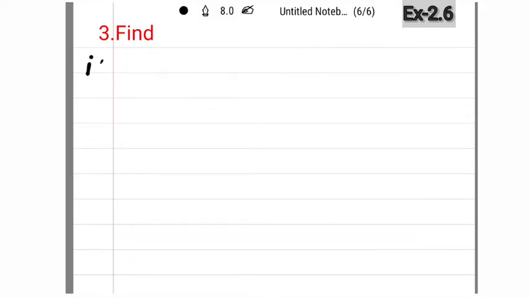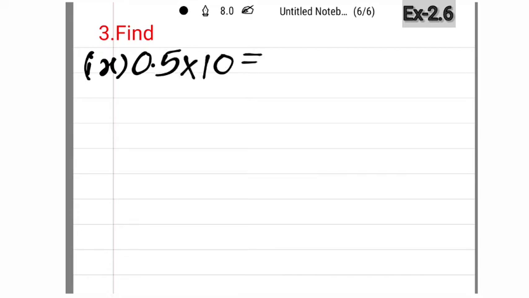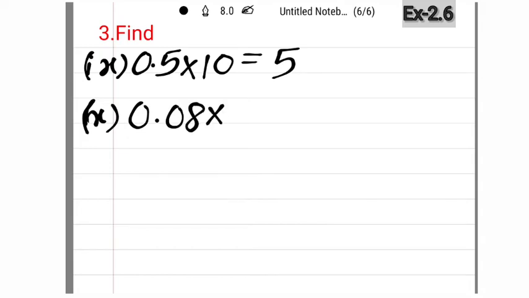Now come to your next bit, that is your bit number IX. 0.5 into 10. As it is multiplied with 10, that means it is shifted 1 digit towards right, and your answer is 5. Then your bit number X. 0.08 into 10. Here also it is shifted towards right for 1 digit, and your answer is 0.8.